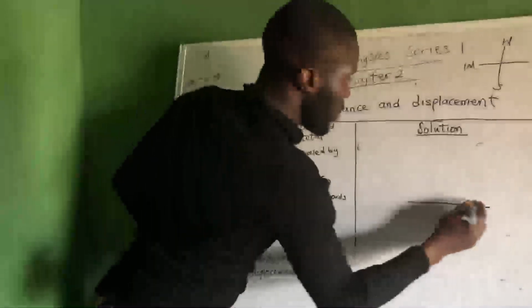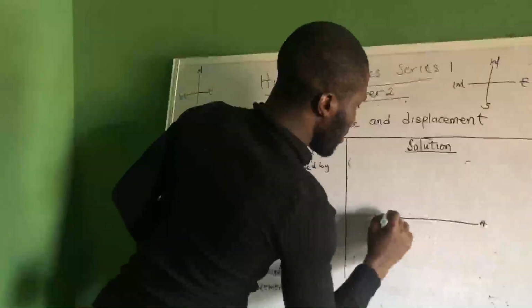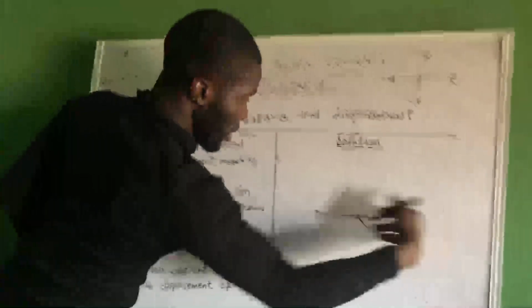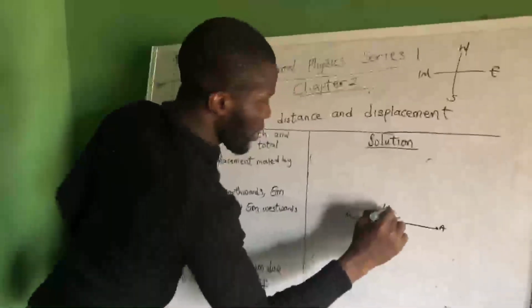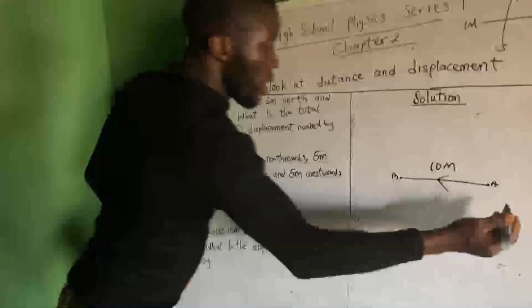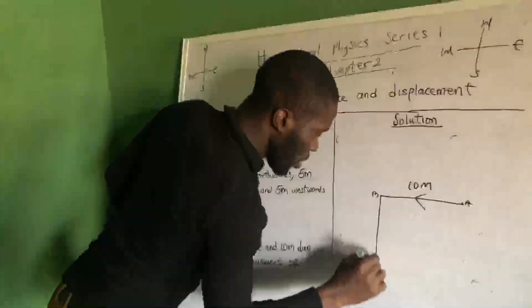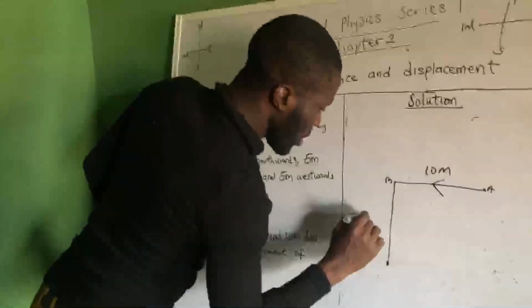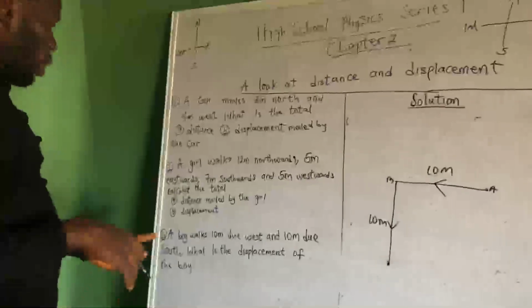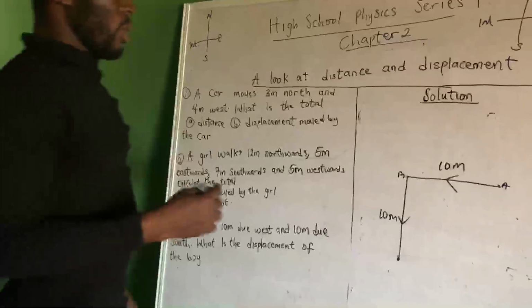So it means, let's say this is A, this is B. From point A to point B, due west in this direction, that's 10 meters. And 10 meters due south. It means from this point B downward, that's 10 meters. That is south. So there must be an arrow pointing to the south. What is the total displacement of the boy?